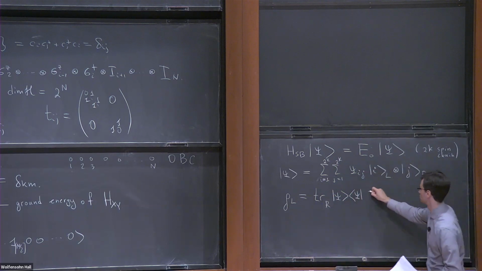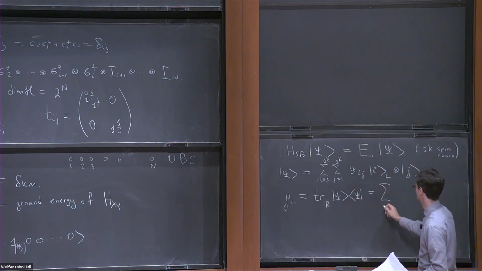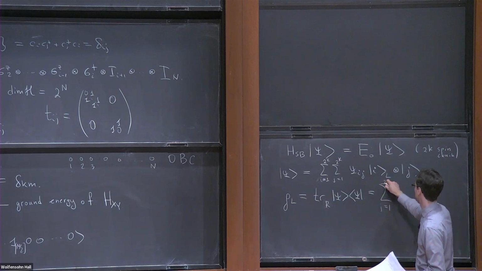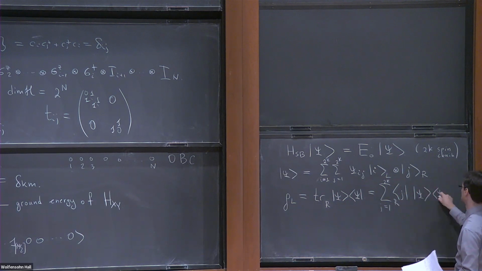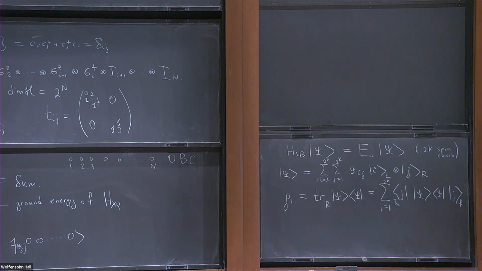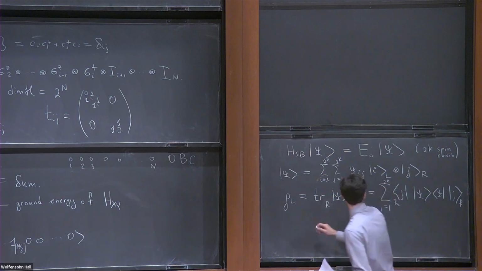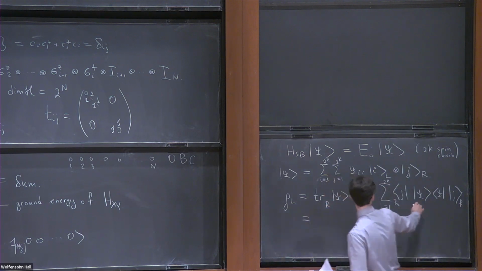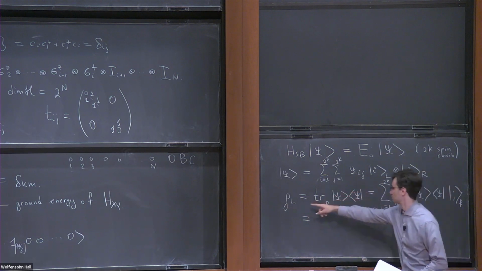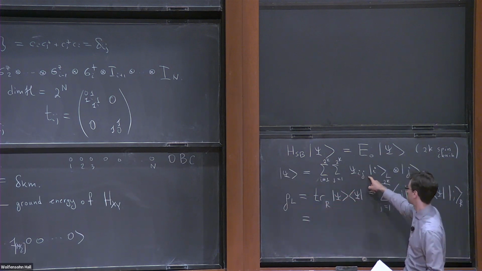Meaning that it's going to be the sum over j from 1 to 2^k of the trace of j right psi. So this is my left density matrix, and if I compute this trace, I can write this density matrix through psi.